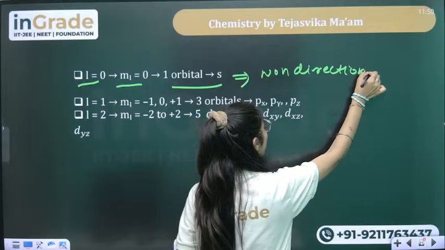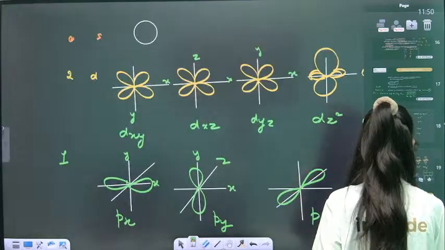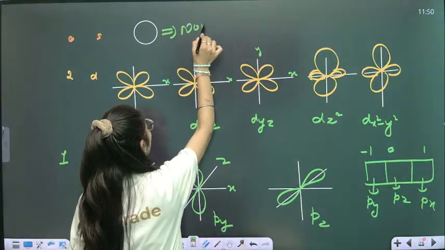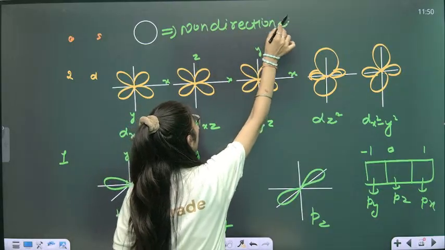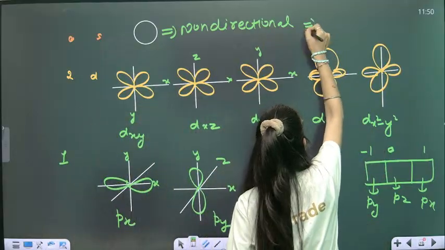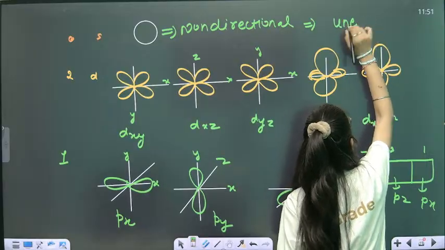I am writing it here. This is your non-directional. And one more thing, many times a word is used, that is your integrade.